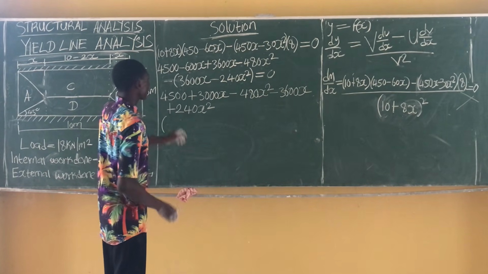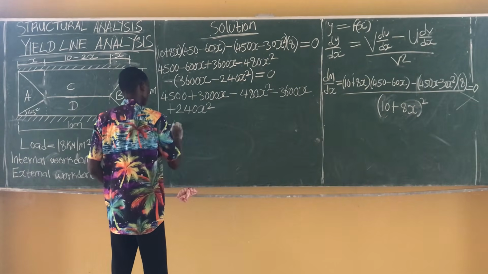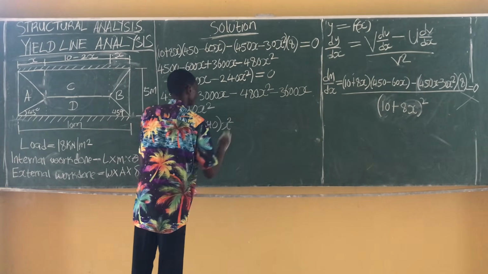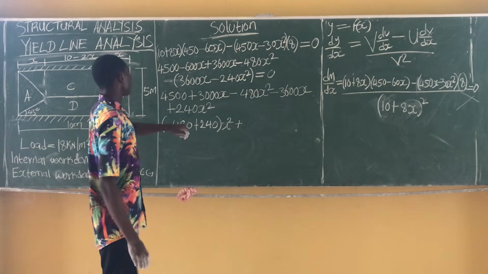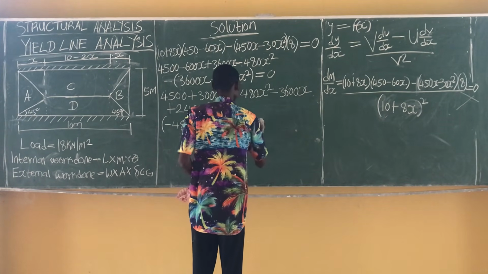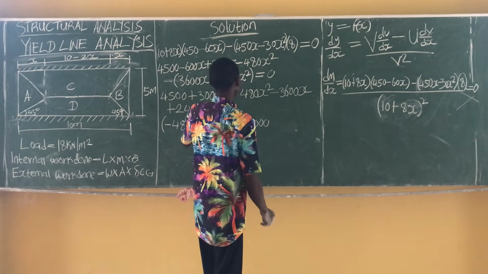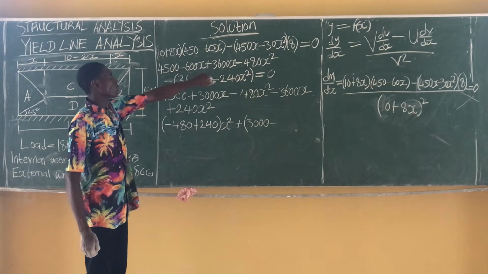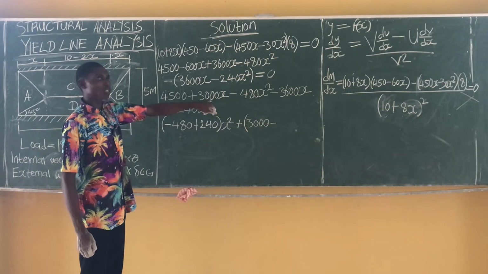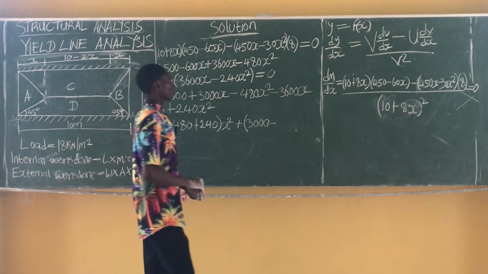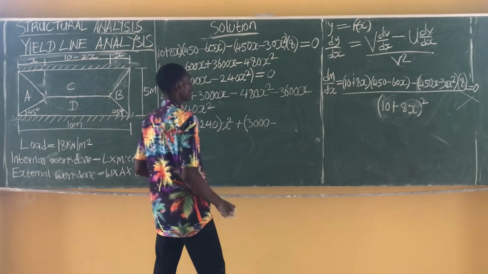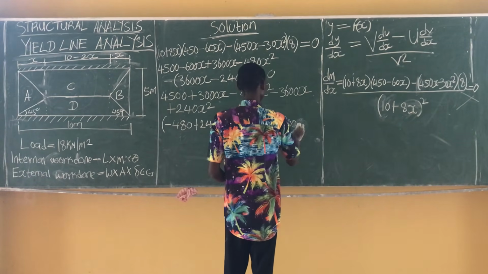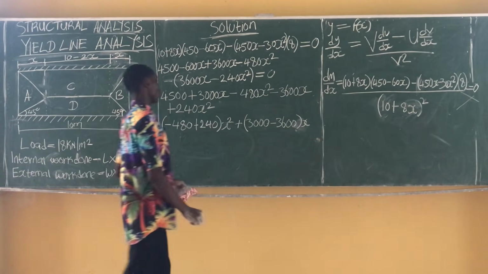Let's take x squared first. So we have minus 480x squared plus 240x squared. Then let's take the like terms for x: 3000 minus 3600, which gives minus 600x.